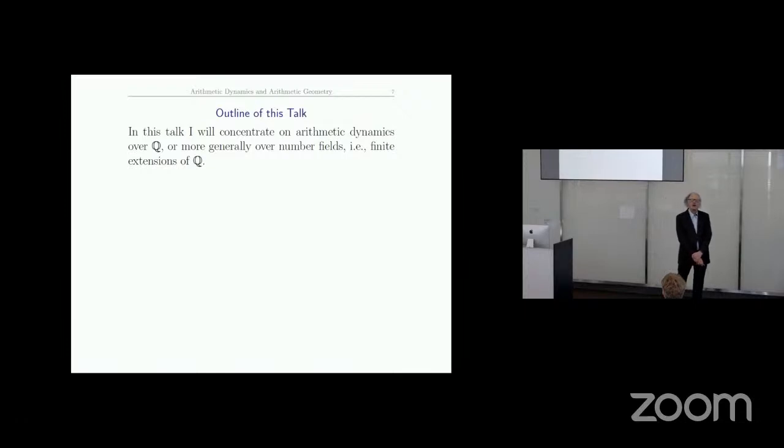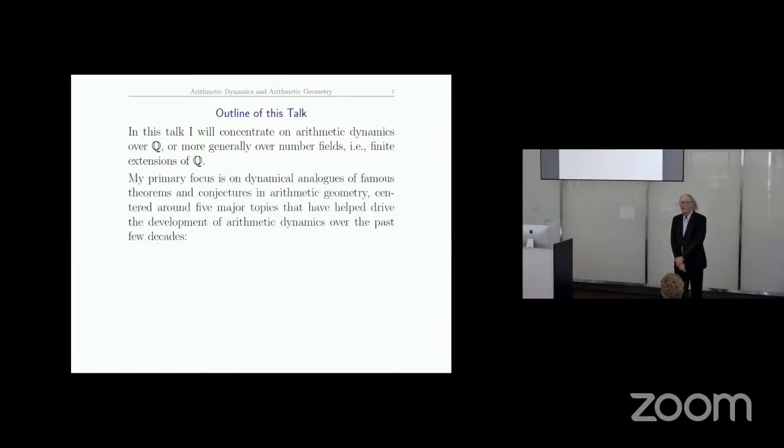So in this talk, I want to concentrate on arithmetic dynamics over the rationals, or more generally, over finite extensions of the rationals, although there are many other parts of arithmetic dynamics, especially over the p-adics and over finite fields. And the primary focus will be on analogs in dynamics of famous theorems or conjectures in arithmetic geometry.